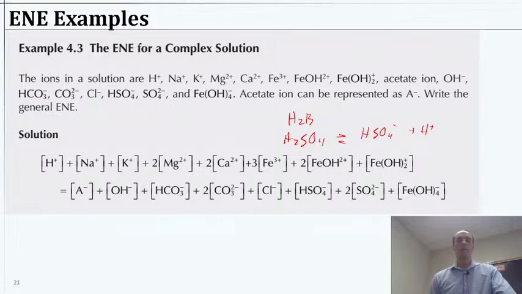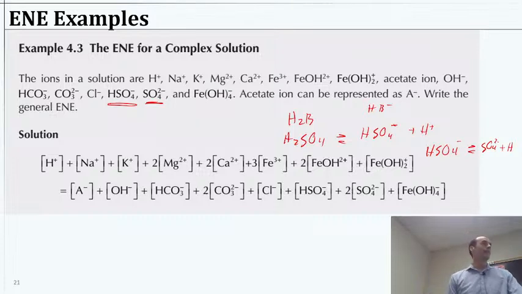And that HSO4- will be in equilibrium with SO4 2-, sulfate, plus H+. But what we notice is the problem went ahead and gave us both sulfate and HSO4-. So in that sense, it did that for us already.